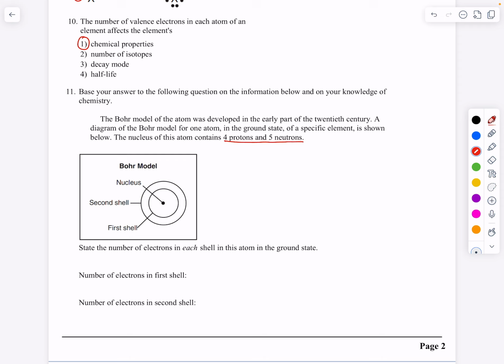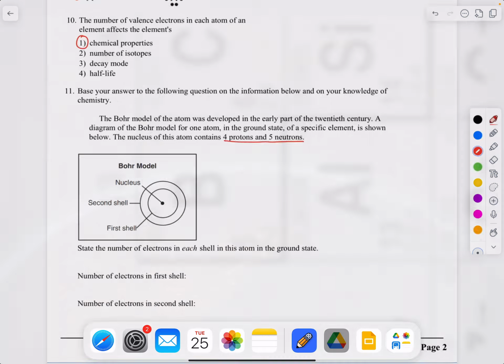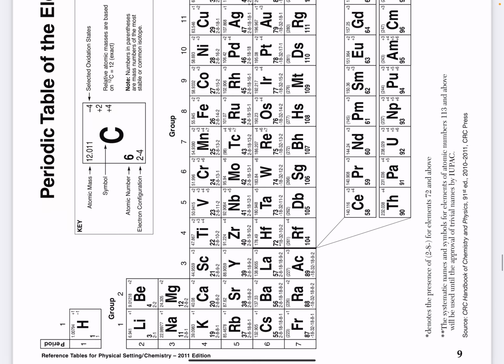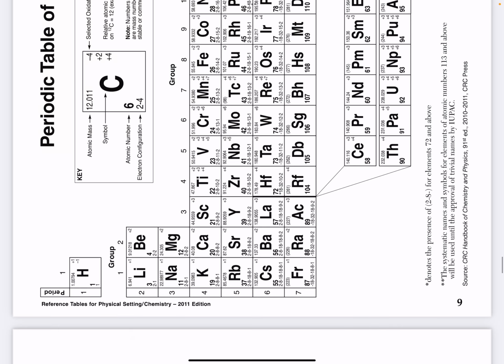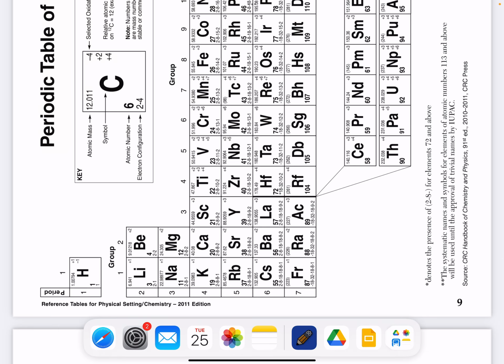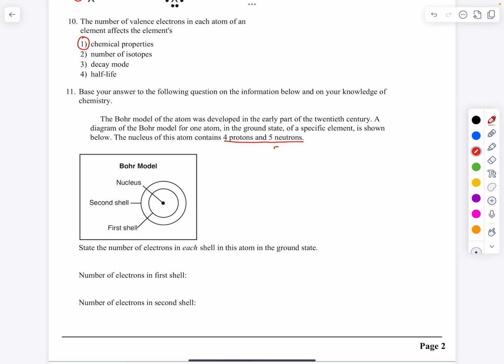Looking at my reference table, 4 protons, it has to be beryllium, Be. That's my element. I don't care about the number of neutrons, right? I just care about the protons.